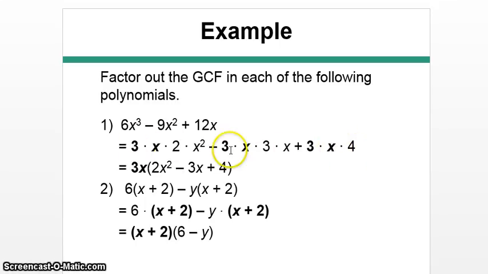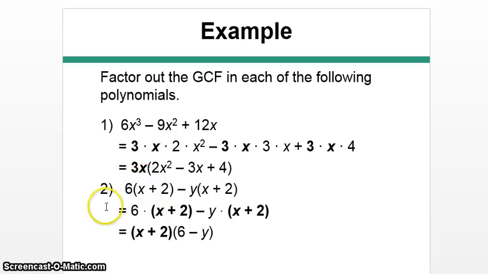After factoring all the 3 terms, factor out the GCF. What is the GCF? Here 3x, here also 3x, here also 3. So the GCF is 3x. Now give an opening parenthesis. What is left after factoring it out? 2x square, minus 3x, and plus 4.